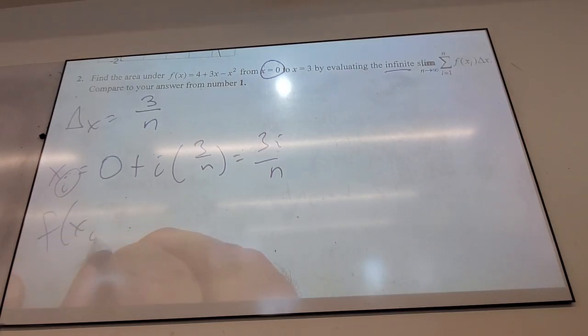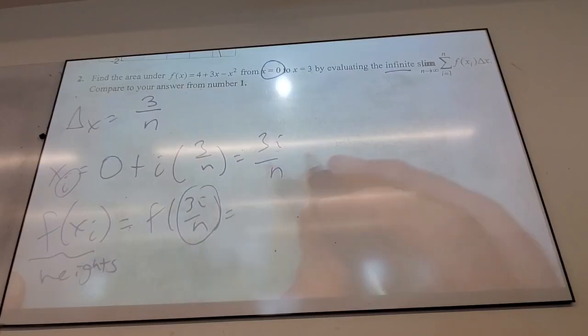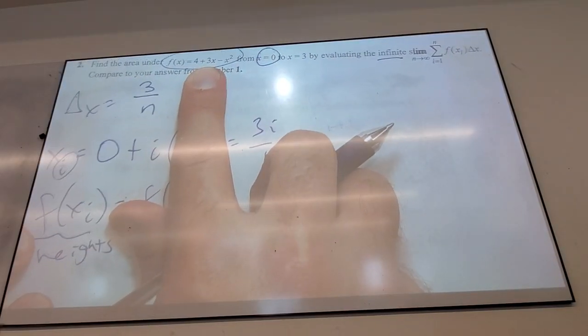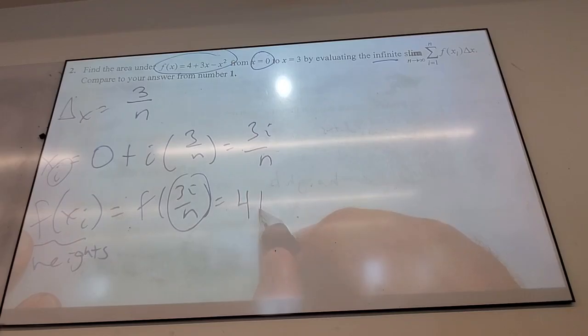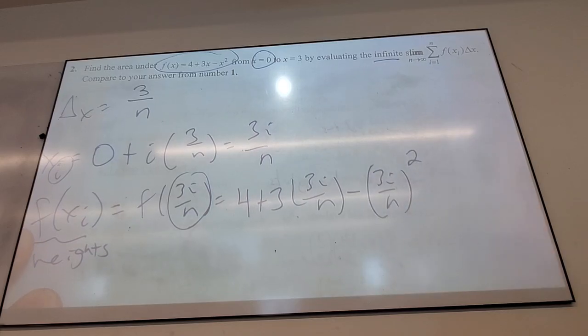Now I need f of xi to get the height. That's going to be f of 3i over n. I'm just going to take this and shove it into this: 4 plus 3 times 3i over n minus 3i over n squared.